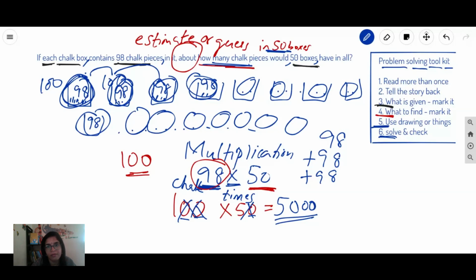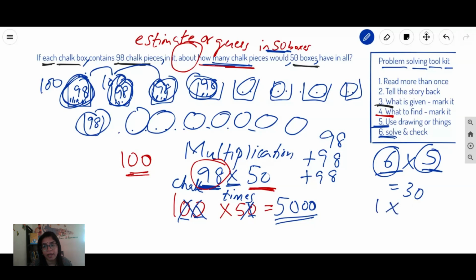It is more than 50, and our answer is also more than 100, more than 50. Whenever we're doing multiplication, let's take any two numbers, let's say 6 and 5. When we multiply, the answer is always greater than either of the numbers, or at least equal to, maybe. Okay?